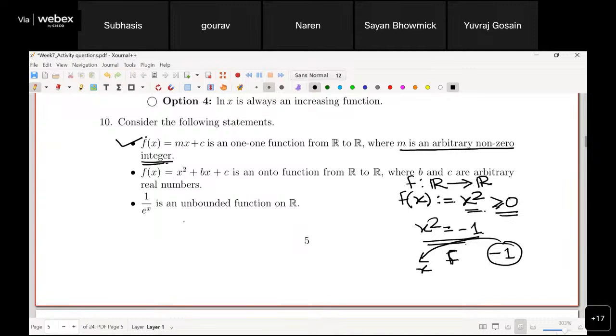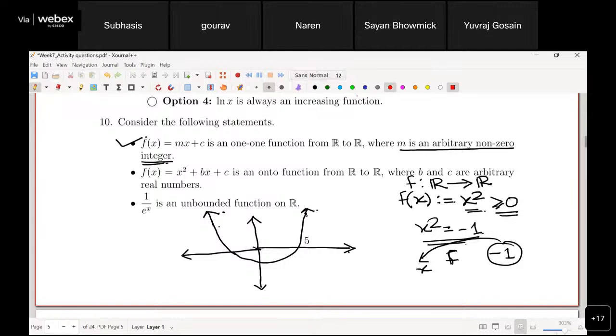In some sense, if you draw a quadratic function, suppose this is upward, then basically you are missing a lot of points.